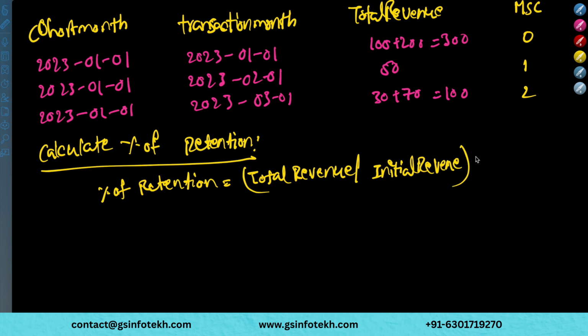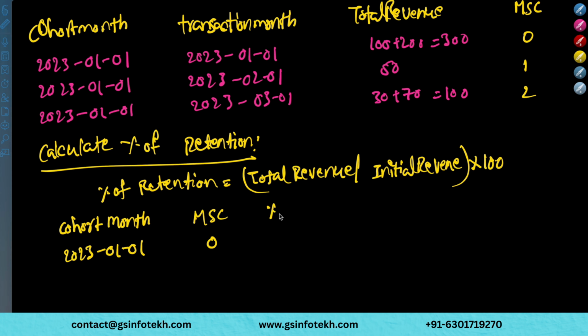And since it is a percentage, we need to multiply by 100. So if I take my cohort month 2023-01-01 and my MSC, this is the initial month. The value here is 300, and initially I also have 300 in the month, so now I have 100%.